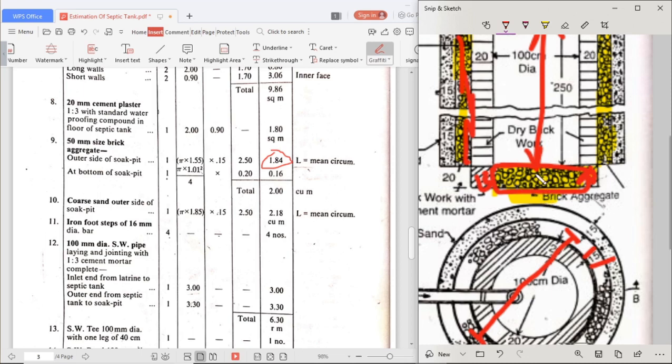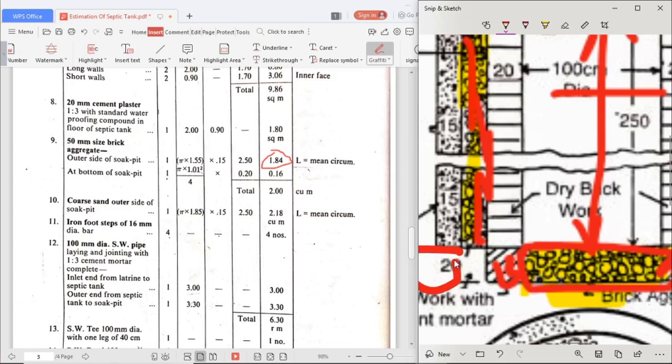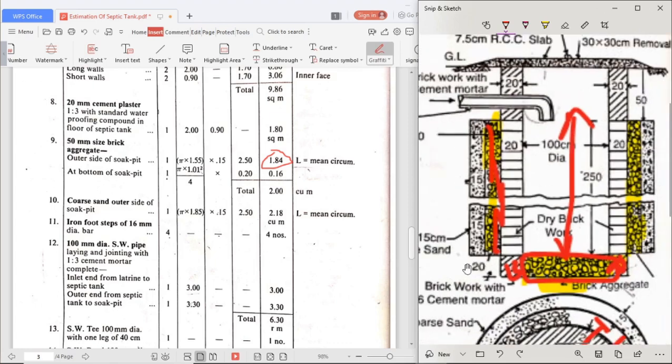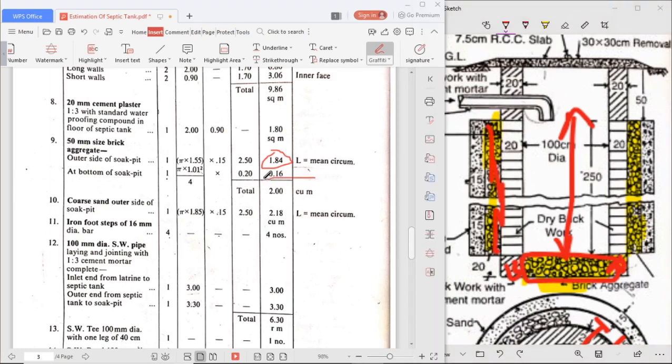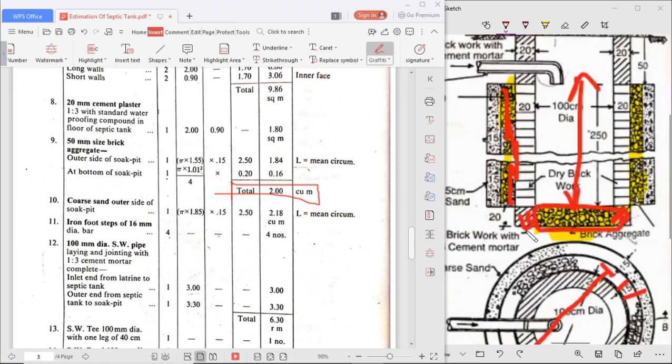So area pi d square by 4, with d equal to 100, into the height or depth, 20. Pi d square by 4 into 20 will give the quantity of the bottom brick aggregate. So we get the 50 mm size brick aggregate total quantity as 2 cubic meter.